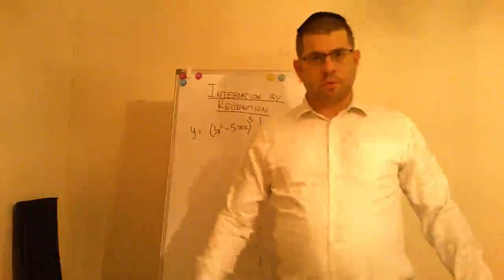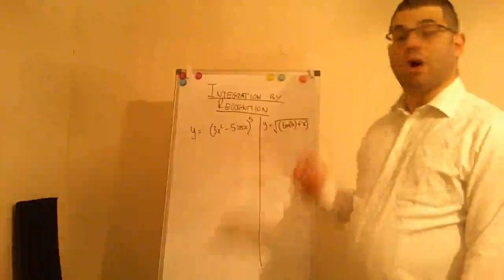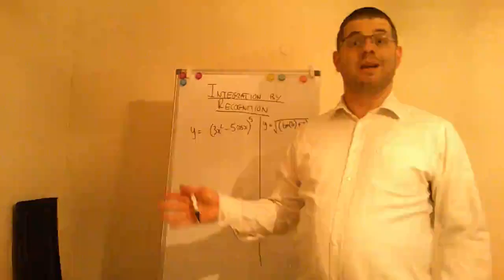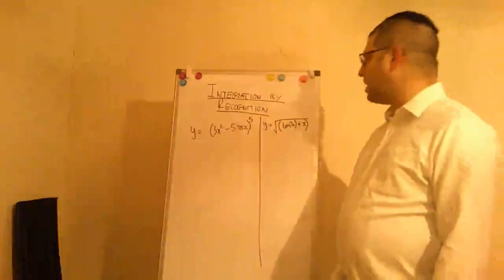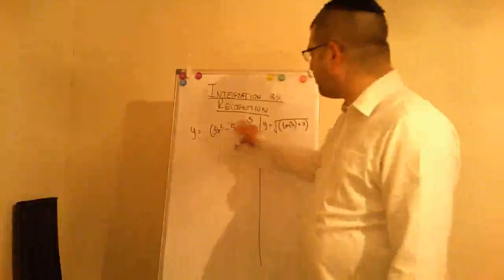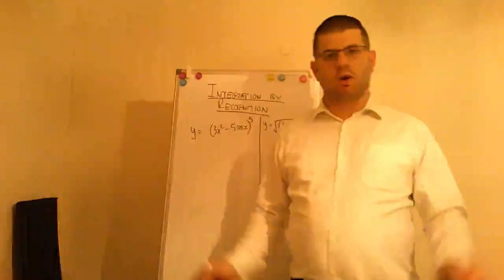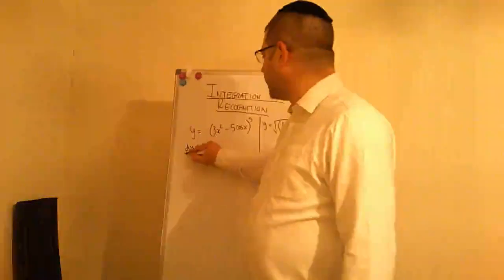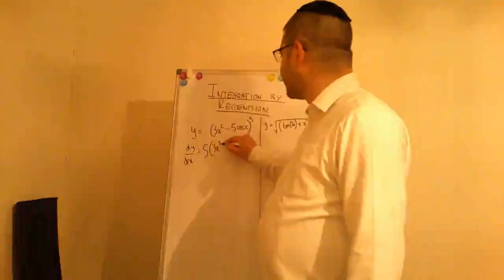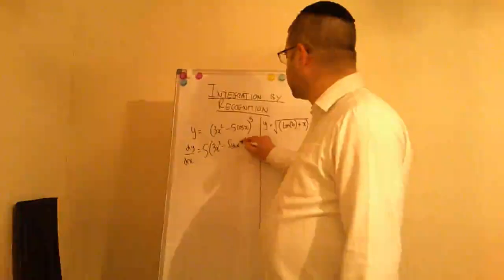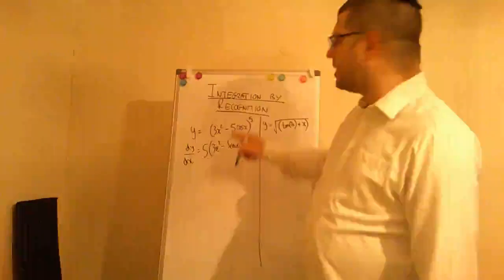If you didn't pause the video, please pause the video because we're now going to go through it. And it's always nice to see if you could form this by yourself. So, y is (3x squared minus 5 cos x) to the 5. Got a bracket to the power 5, so just use the power law. Chain rule again, bring down the 5. Keep the bracket as it is. And you multiply by the differential of the bracket.